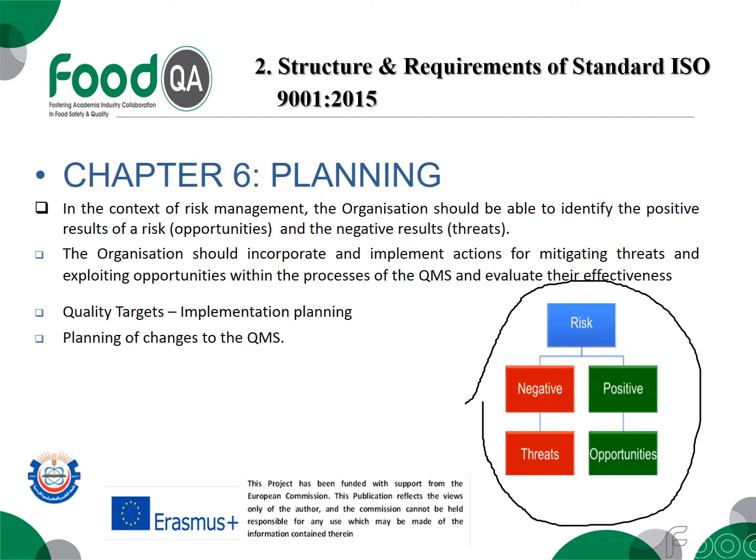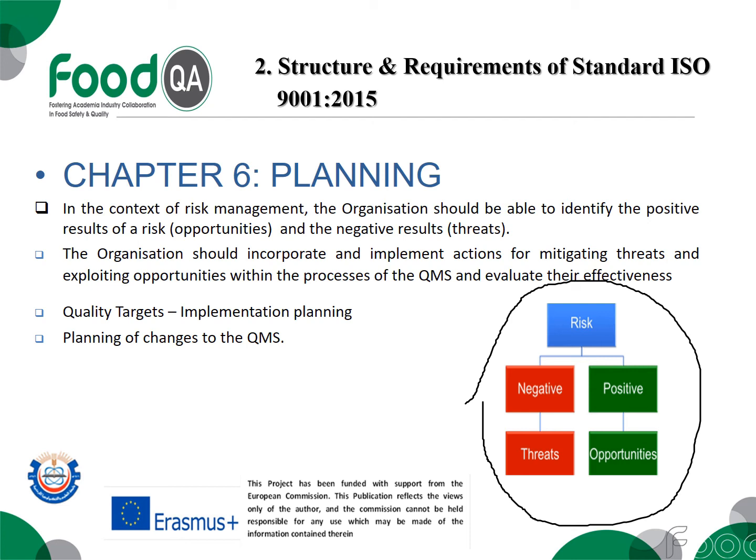So in our organization, while planning, we need to look at the threats as well as opportunities and how to tackle both of those. The organization should incorporate and implement actions for mitigating threats and exploiting opportunities within the process of the quality management system and evaluate their effectiveness.